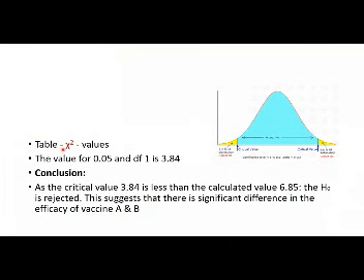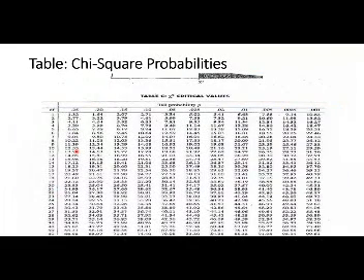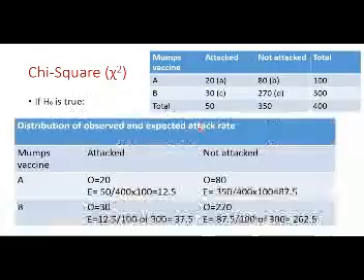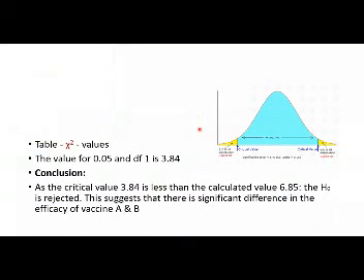Again, we will go to the chi-square table, at 0.05 and degree of freedom 1, the same, 3.84.